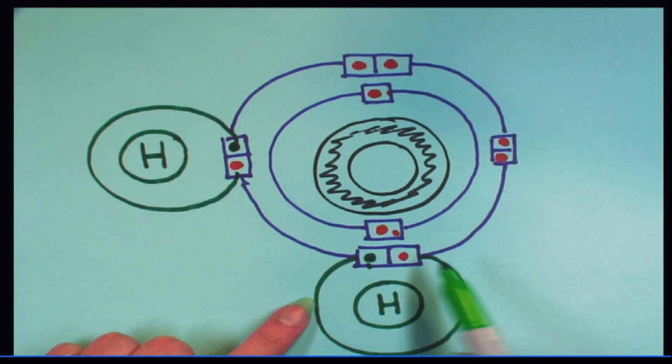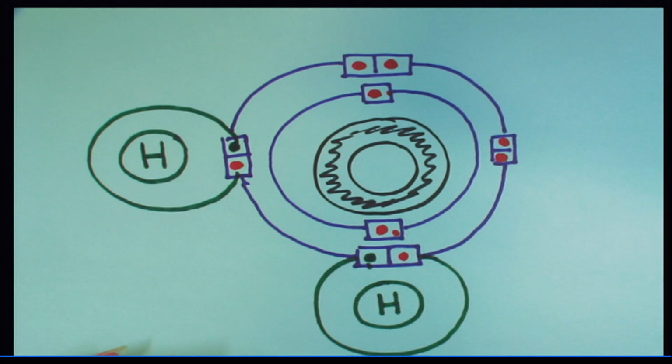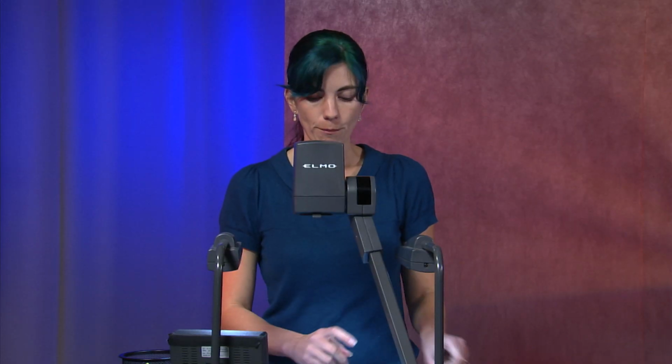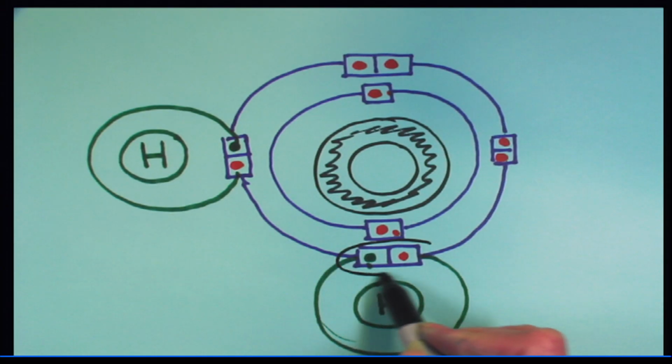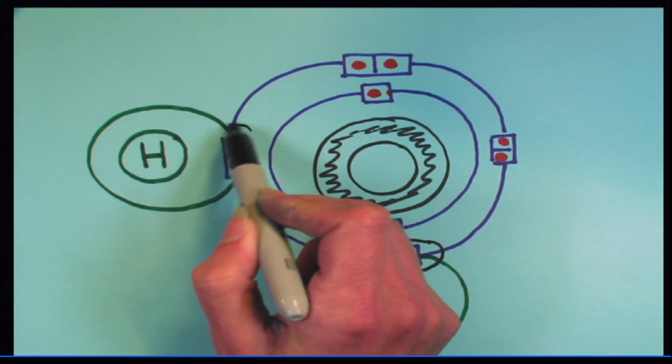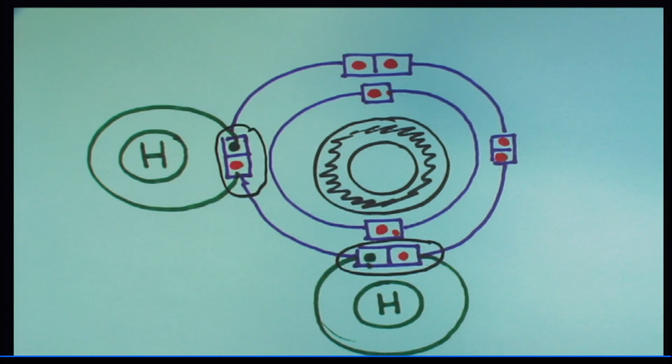So when you have this sharing of valence electrons, kind of a cooperation, we call that a covalent bond. So the co stands for cooperation and valence stands for the fact that it's dealing with the valence electrons. So a covalent bond is going to be a shared pair of electrons. And so if I were to circle the shared pair, it would be this pair and this pair. These are the shared pairs between the atoms.